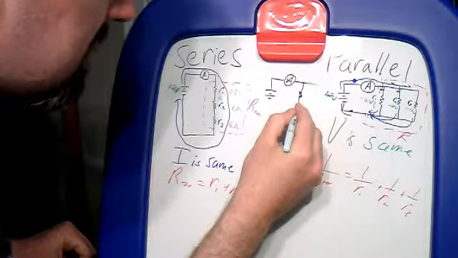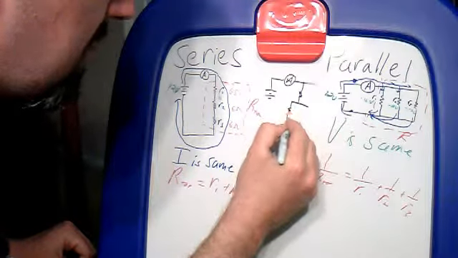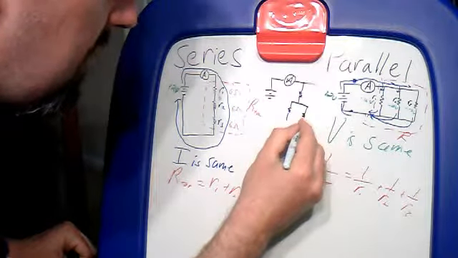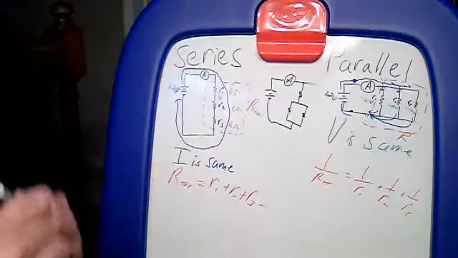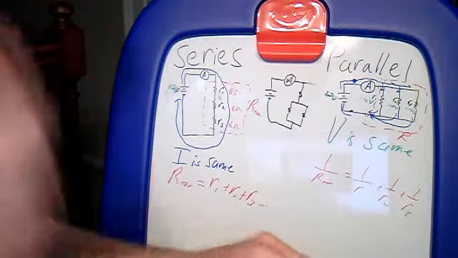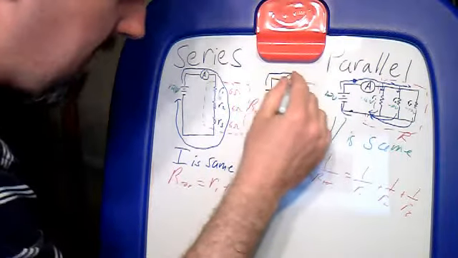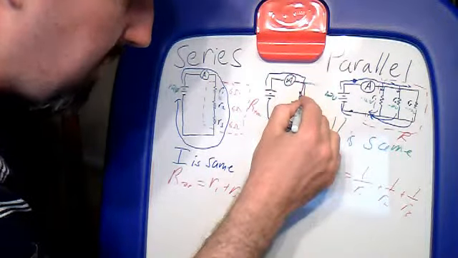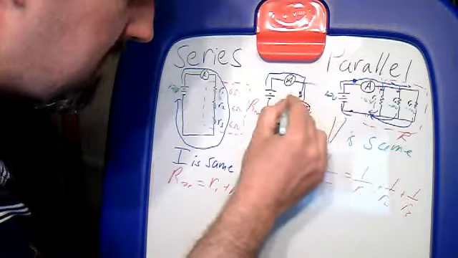So we have one resistor, and then we're going to split into parallel resistors. Then we're going to come back together and go back to the battery. So in this one, we have a little bit of an issue, because we have the current going around, it has to go this way, it has to go through that resistor, but then it can split and go one of these two ways.